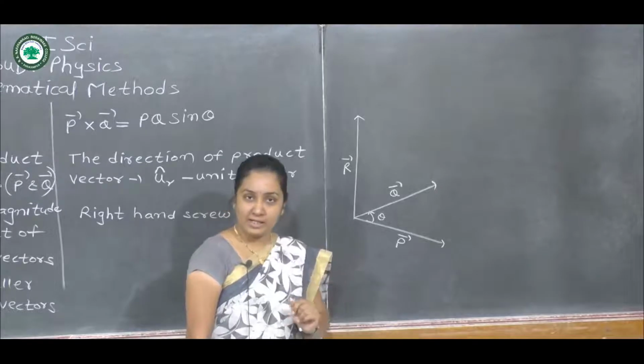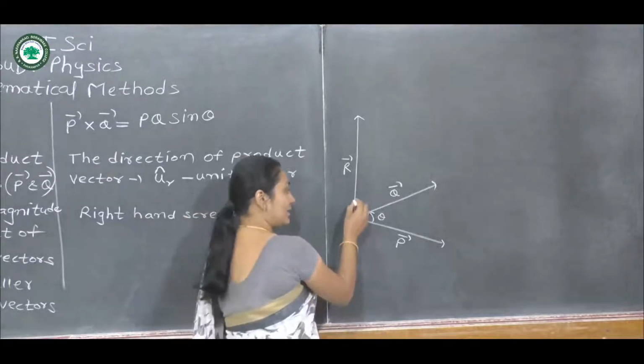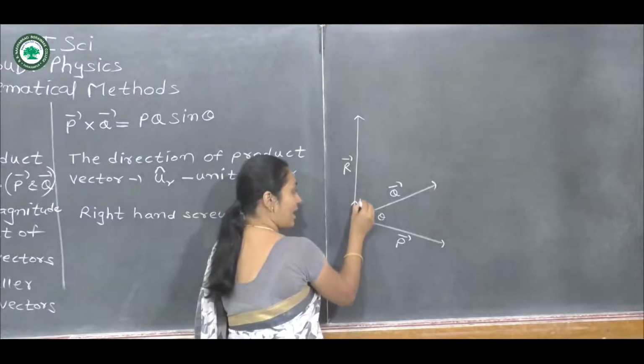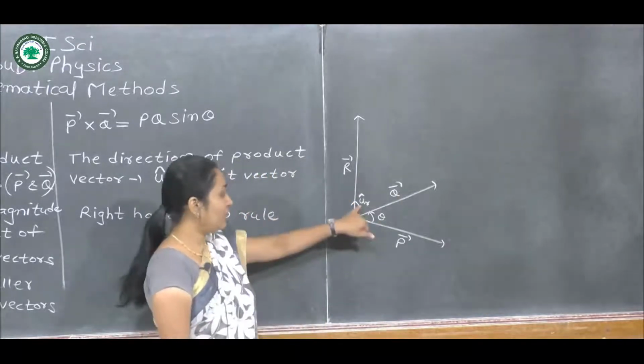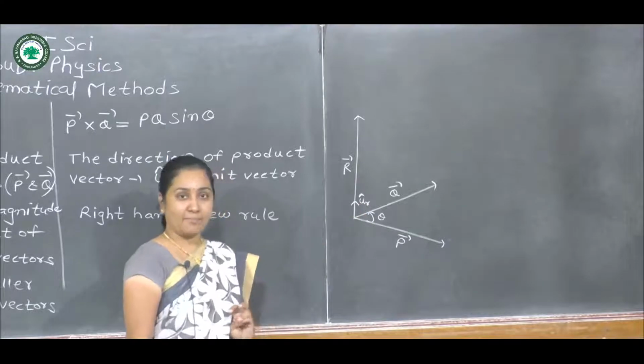It is the resultant vector, and the direction of r bar is given by unit vector UR cap.